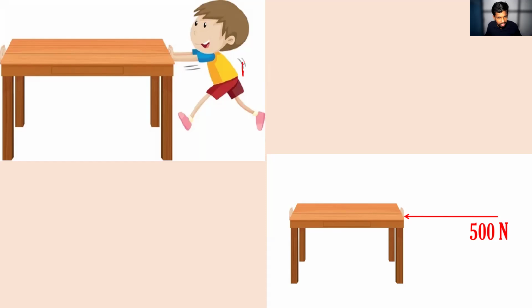There's a boy, and he is applying 500 Newton on the table. If they ask you to mention this as a graphical representation, you will use an arrow mark to draw the force. Here I have used the arrow mark. So here we are applying the force. So this is the point of application.